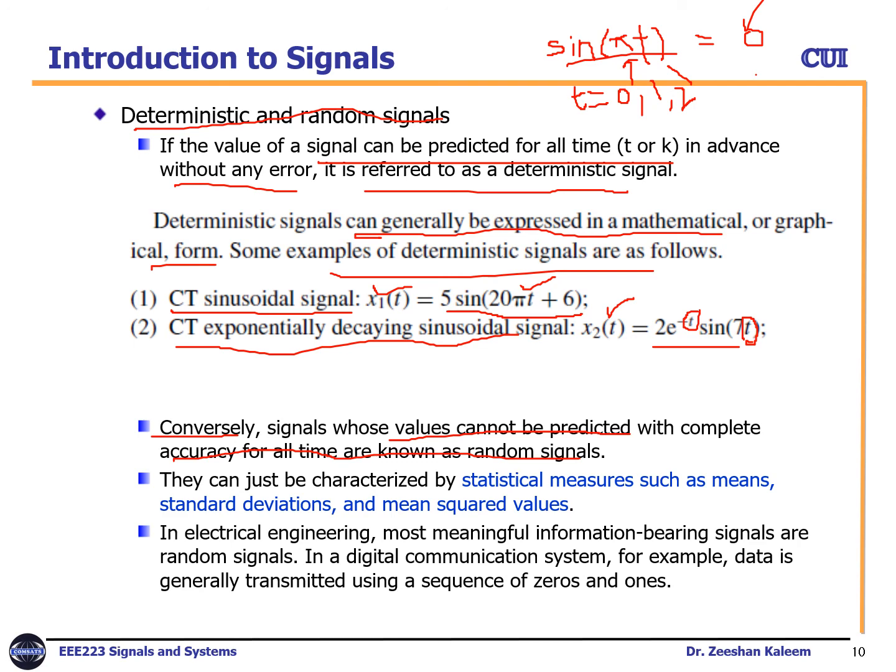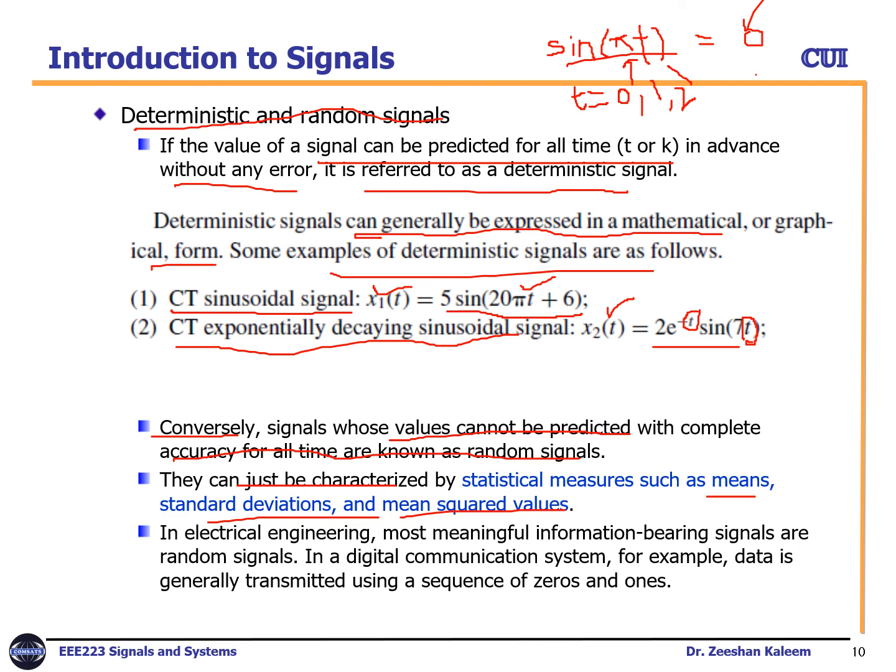These random signals can be characterized by statistical measures such as mean, standard deviation, mean square value, variance, etc. We can't exactly calculate what the value of a random signal will be at time instant t.